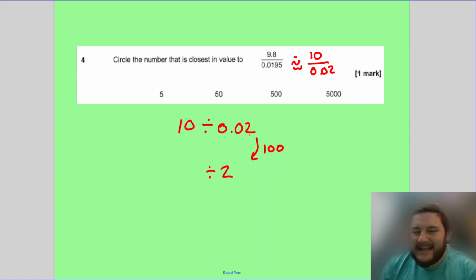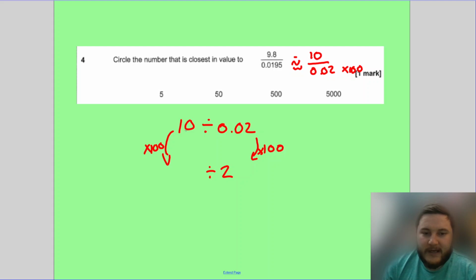Well, what I've technically done is I've multiplied the denominator of this fraction by 100. So in order to keep this division the same, I have to multiply this number by 100. So I get 1,000 divided by 2, and that's equal to 500.